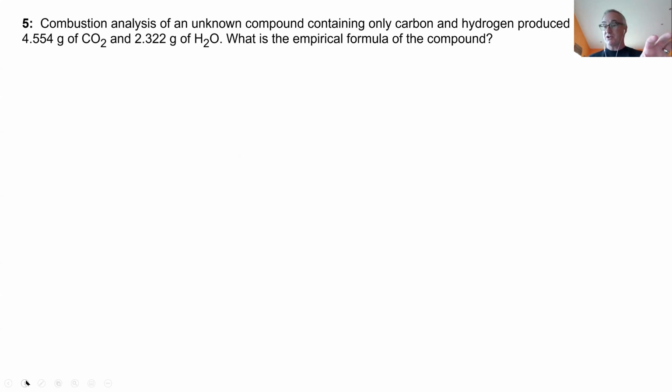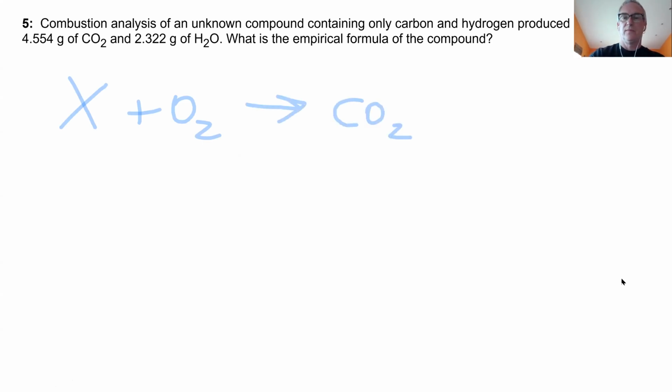So it's a combustion reaction. We don't know what the compound is. So a combustion reaction means something, X, we don't know what it is, plus oxygen gives us CO2 and H2O. What we're going to do is figure out how much carbon and how much hydrogen from the masses of CO2 and H2O.